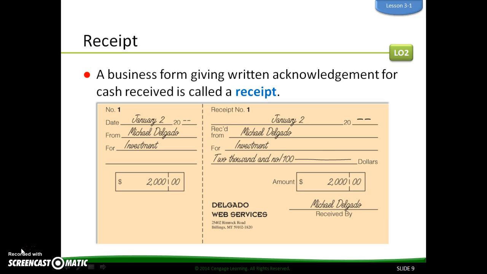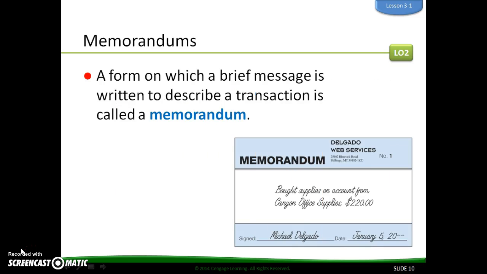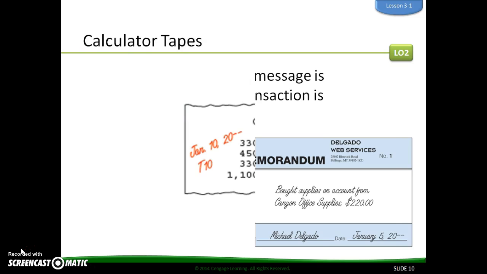A receipt is the business form that is our written acknowledgement that cash has been received. So you can look at a receipt and determine, I received this cash, and now I'm providing a receipt to someone for receipt of cash. Memos, sometimes referred to as memorandum, are brief messages that are written to describe transactions.